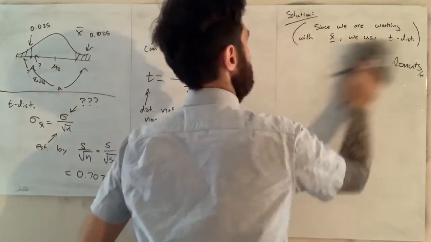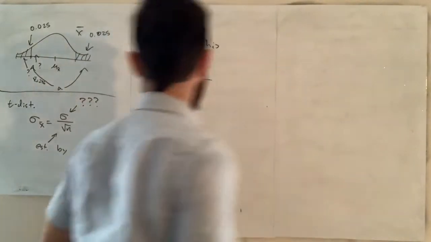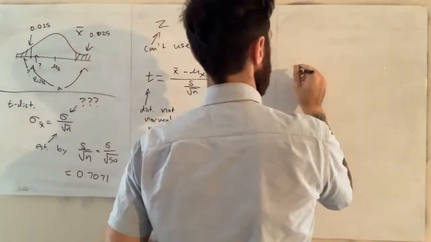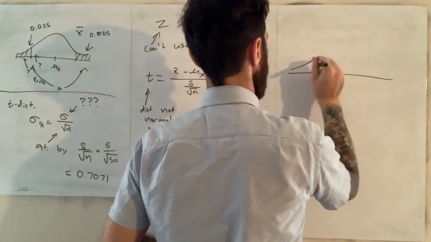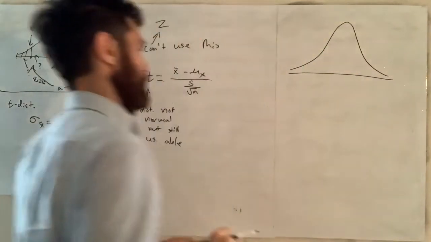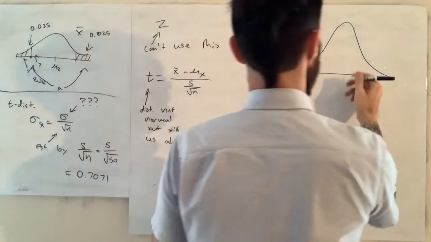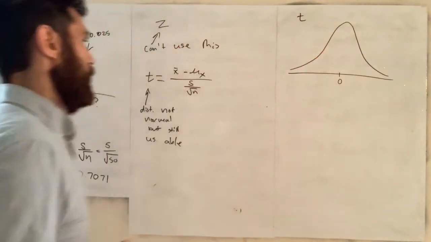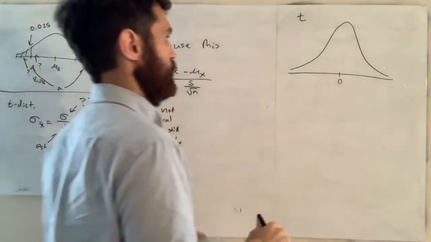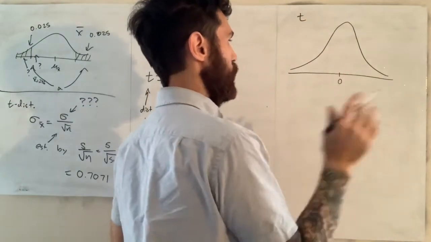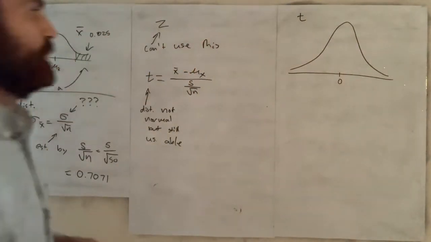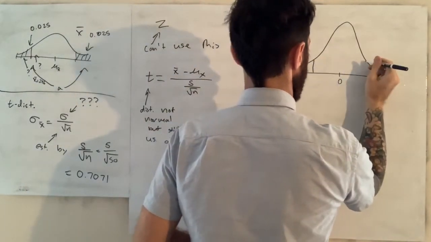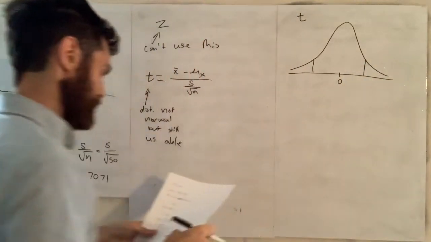Okay, so what does that mean? Well, what it means is our t distribution is still going to be symmetric and look something like this. And it's still going to have a mean of 0 when we look at the t value. And we're still going to get that the area under the curve is 1. And when you transfer the critical regions, the critical regions are still going to be in these places.